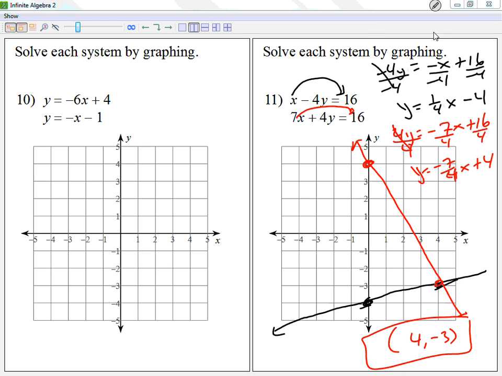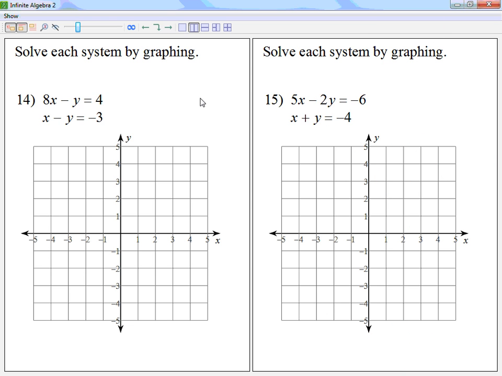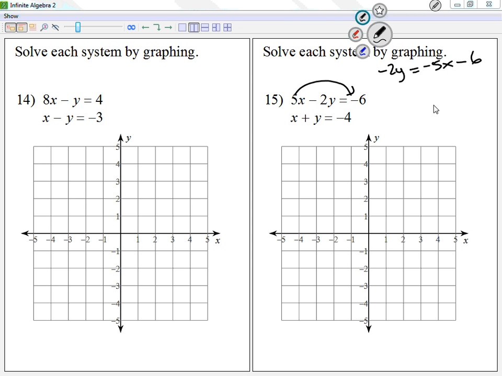15? All right. Take a look at 15. Let me move the x to the right. So that looks like negative 2y is equal to negative 5x minus 6. Let me divide everything by negative 2.